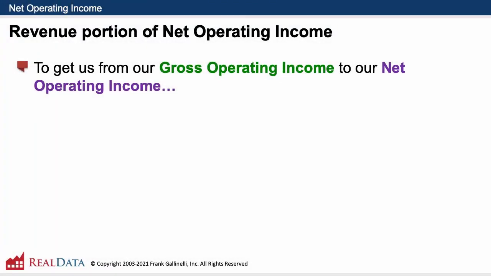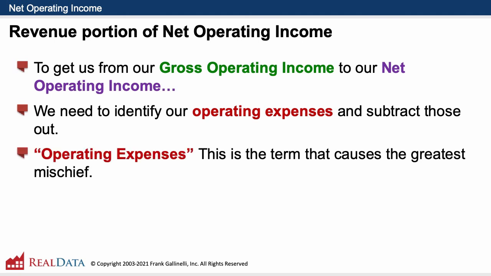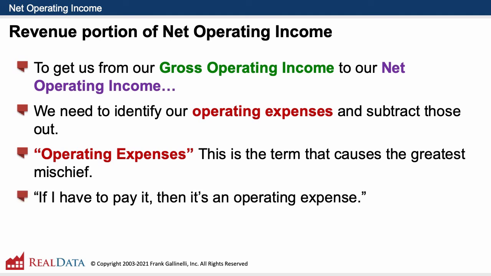Now, to get us from our gross operating income to our net operating income, we need to identify our operating expenses and subtract all of those out. So, operating expenses. This is the term that causes the greatest mischief. Many people say, if I have to pay it, then it's an operating expense.